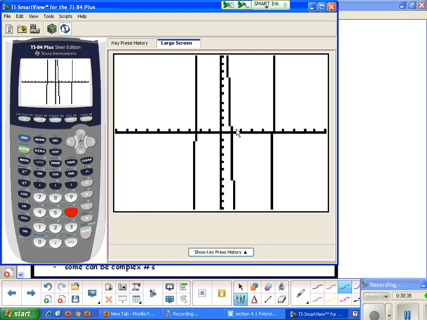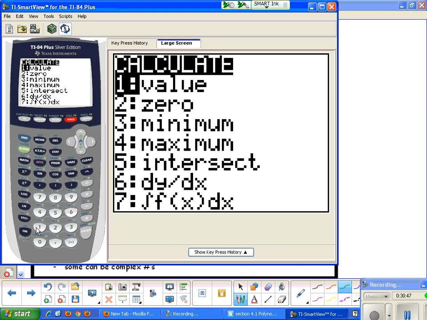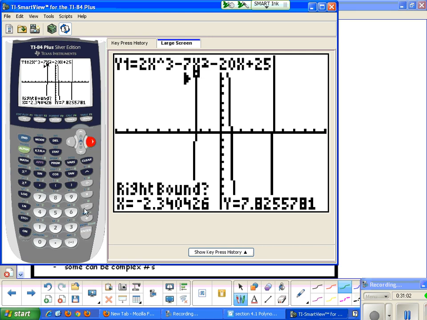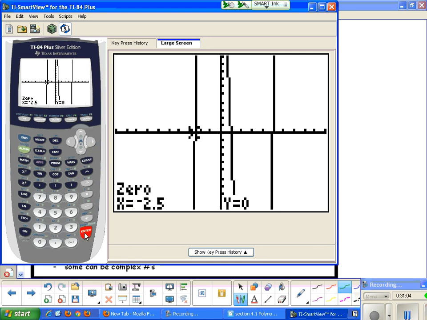And I can see my 3 x-intercepts here. So second trace, I'm going to calculate my zeros, which is number 2. So something to the left, enter, something to the right, enter, and enter. So one of my zeros is negative 2.5.